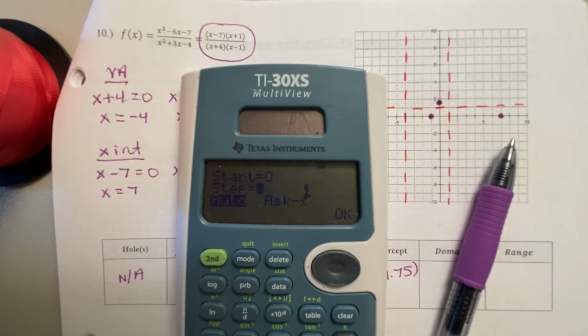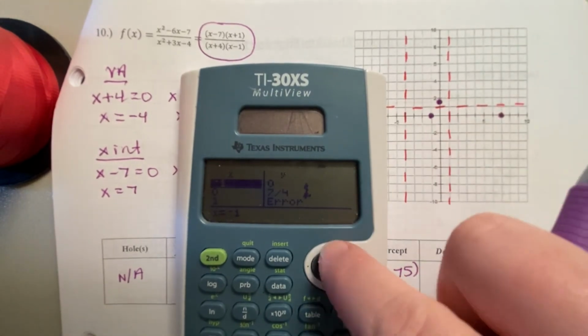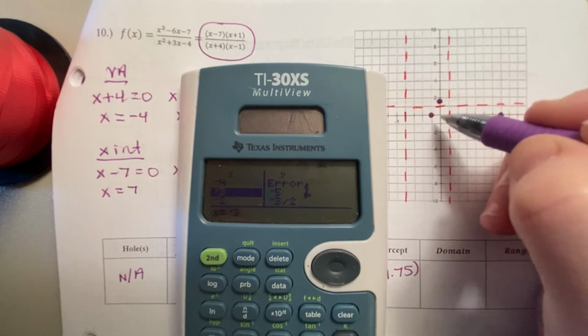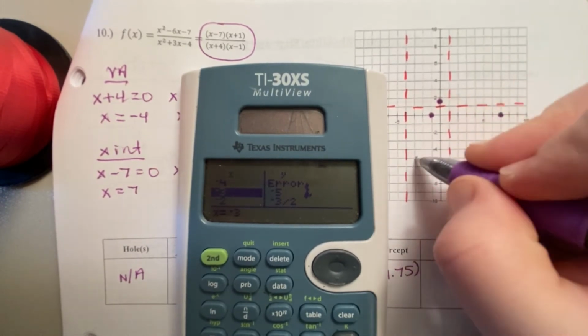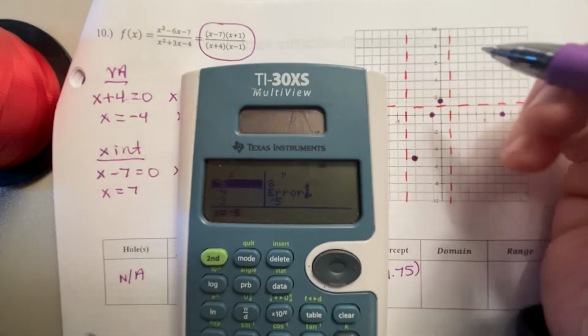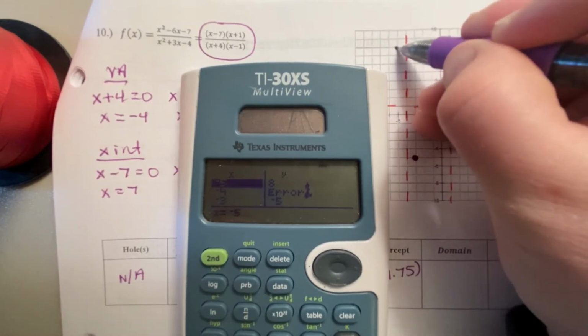I'm just going to see if I can find some whole numbers. I have negative 1, 0, which I already have. I have negative 3, negative 5, so 1, 2, 3, 4, 5, right here. I have negative 5, positive 8, so right here.